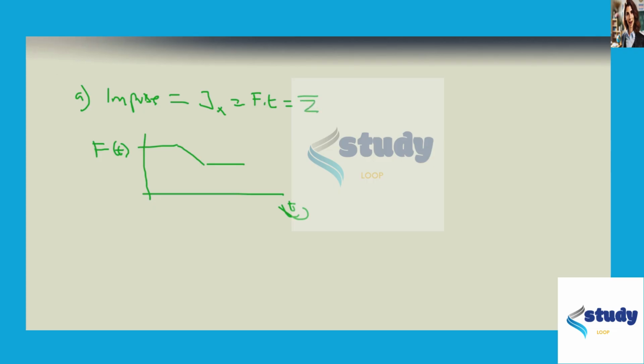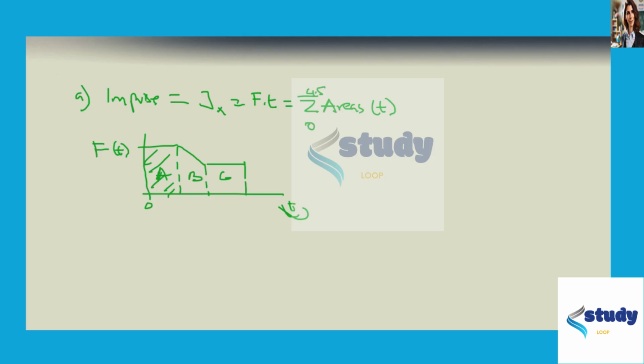So we're summing up each of these sections. Let's call them A, B, and C. These represent the areas of these shapes, but also they represent the impulse. So you're summing up those areas, from time 0 up until 4.5 seconds.